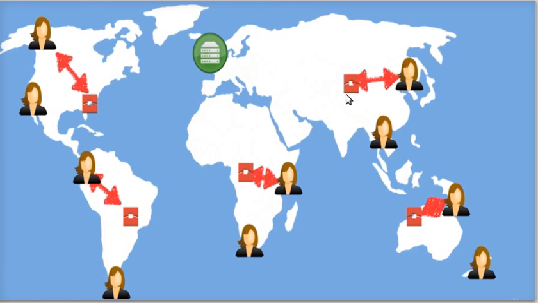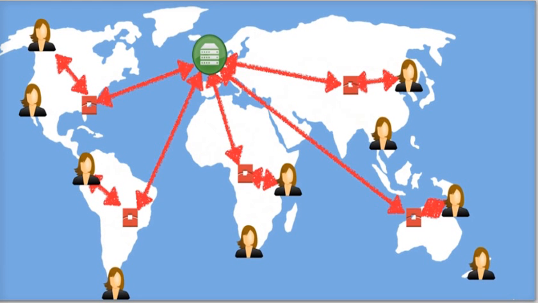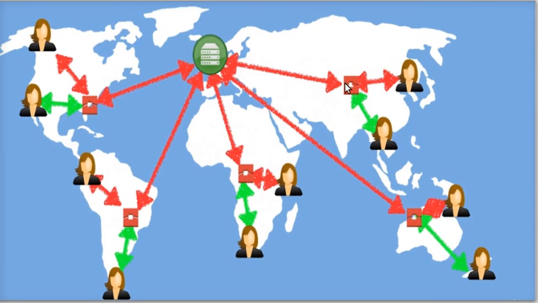The client will send the request to the edge location, and then the edge location will redirect that request to the server. Then the server will see the request. After receiving the request, the server will send the requested file to the edge location, and then the client will get the requested file from the edge location. So what happened here?